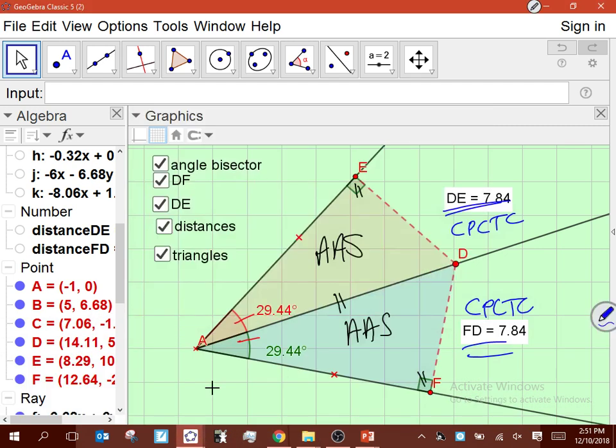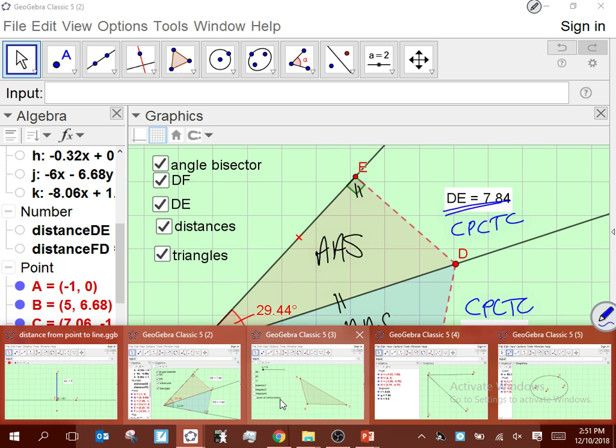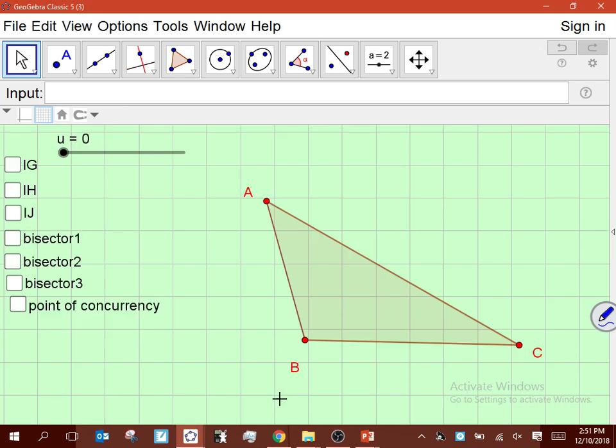All right, so now that we understand that with one angle, a triangle is simply a grouping of three angles, right? So can I do the same thing for this triangle? Can I find the angle bisectors of this triangle? So let's find bisector 1.